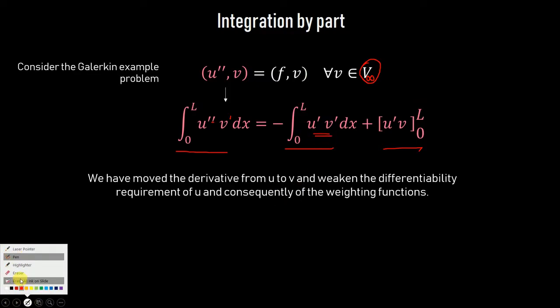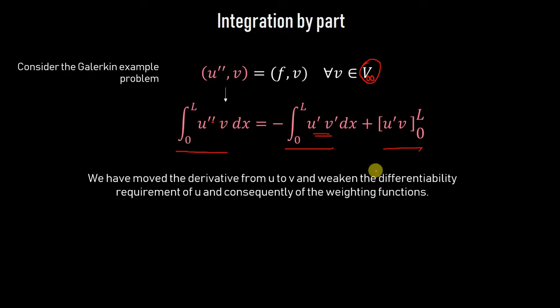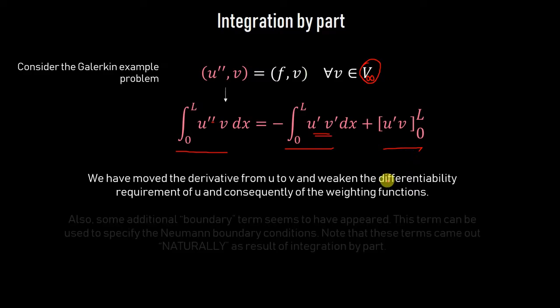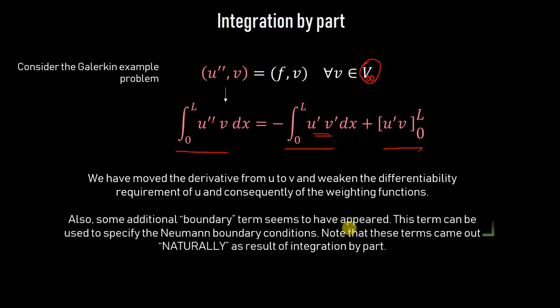And also in the process, some boundary term has appeared. Note that this boundary term contains U dash. And what is the Neumann boundary condition? It is specifying this U dash itself.